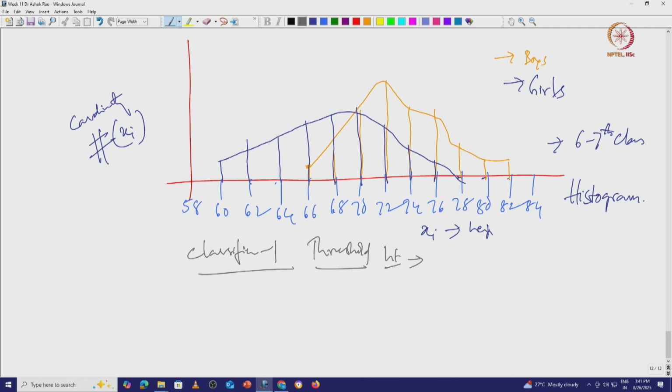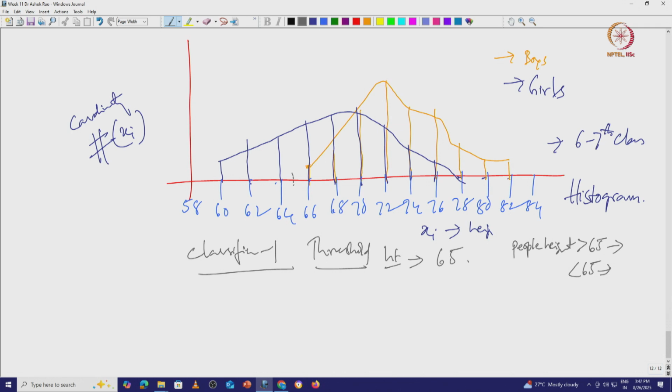Suppose I pick a threshold of 65, meaning all people with height greater than 65, similarly all people of height less than 65, because 65 is one threshold.